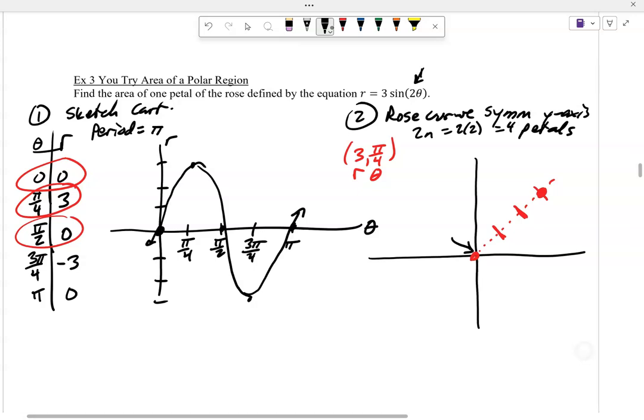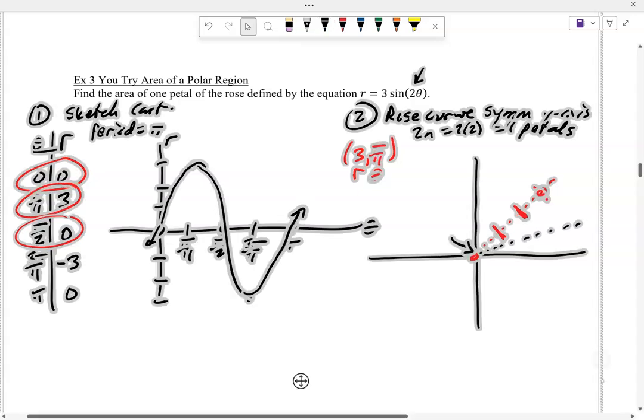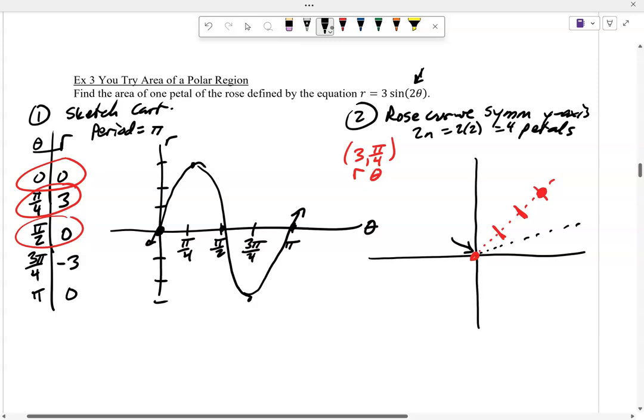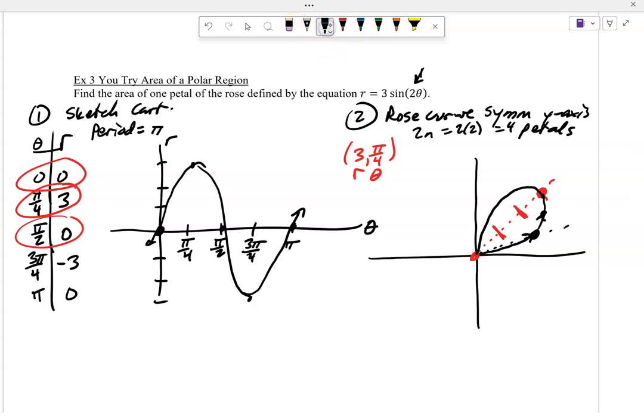You could plug in pi sixths as well if you want to, and you'd get a point on there. Maybe you want to do pi thirds as well, and you get another point. Or I'm sorry, pi thirds is up here. Sorry about that. You're going to see this thing coming around and showing you that one petal as you get back to an r of 0.